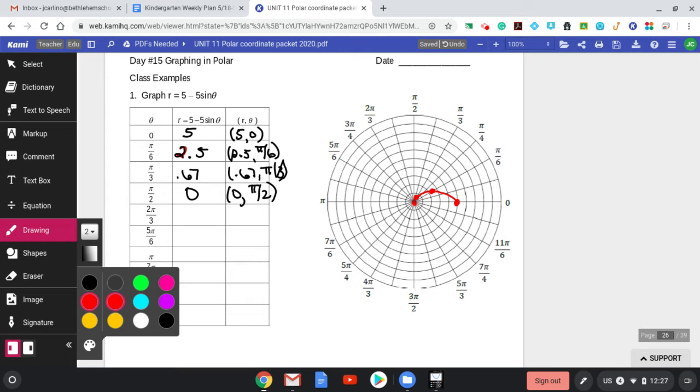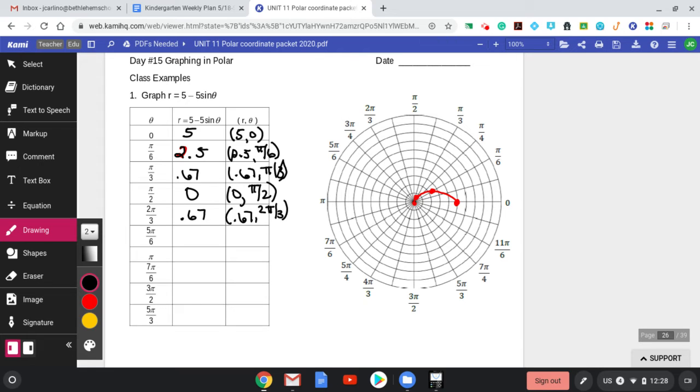I'm going to start skipping the calculator, guys, because I have the values already written down. You guys are seeing how I'm doing on the calculator, so I trust you know how to do this on your own. So let's go through the table. It goes a little quicker, and we can plot them. At 2 pi over 3 will also be 0.67, so you'll have 0.67, 2 pi over 3. Graphing that one at 2 pi over 3, right just below 1.